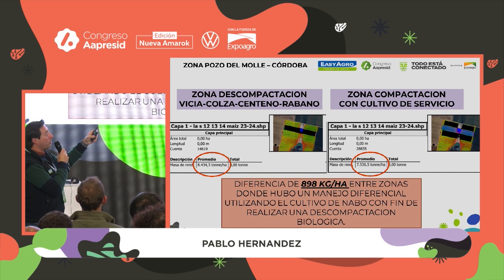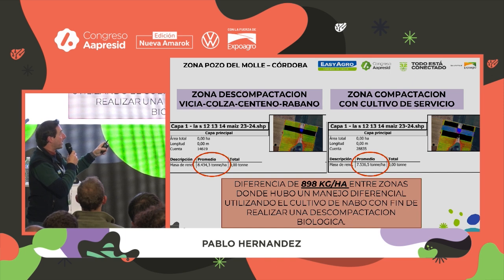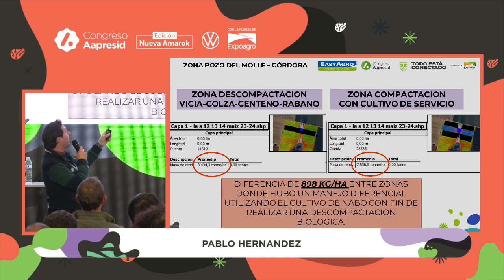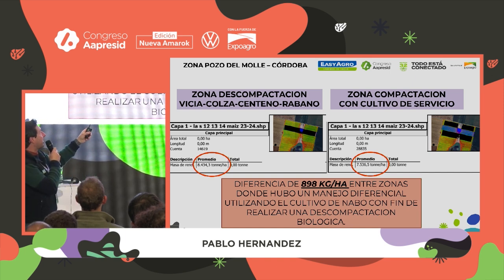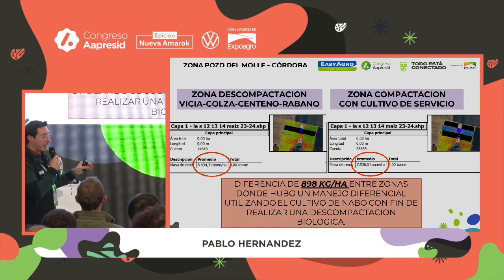8,434 kilos. And in the trial, where we also used a service crop, which was just rye and veg, we had a yield of 7,536 kilos.